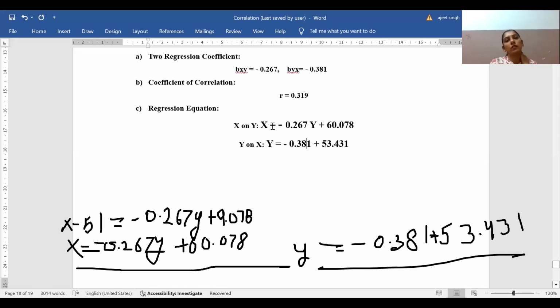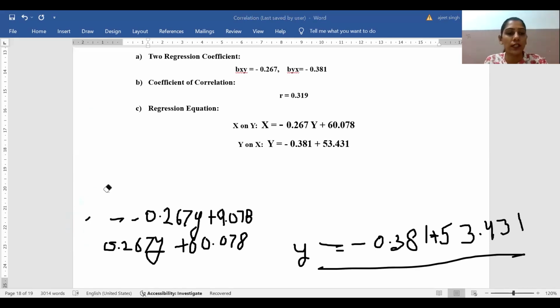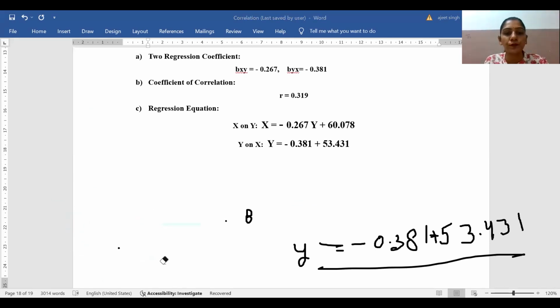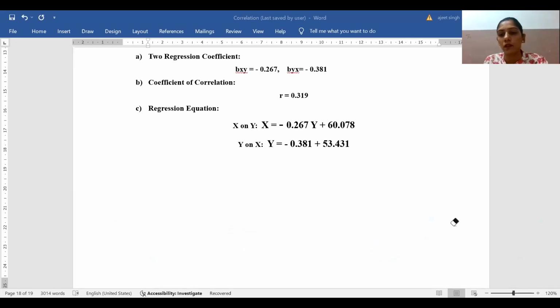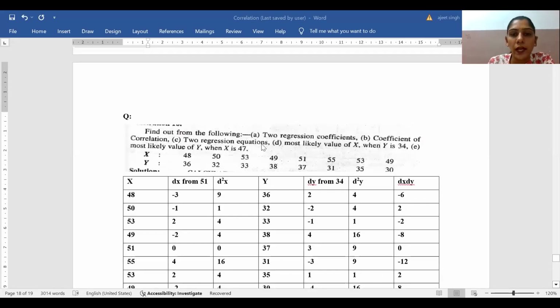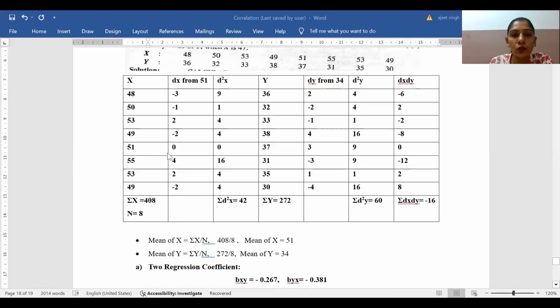So we have found out all three parts of this question. One more thing is asked in this question, so let's do that also. What is asked is that we have to find the most likely value of x when y is given, and the most likely value of y.